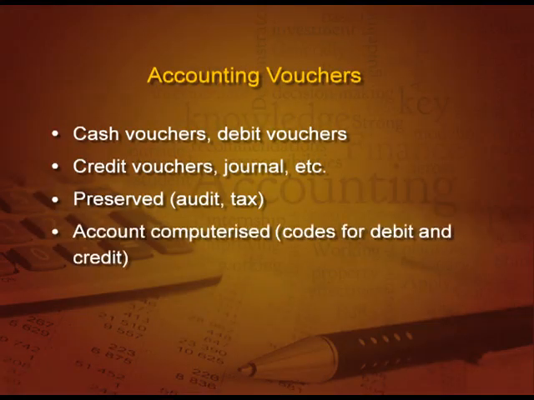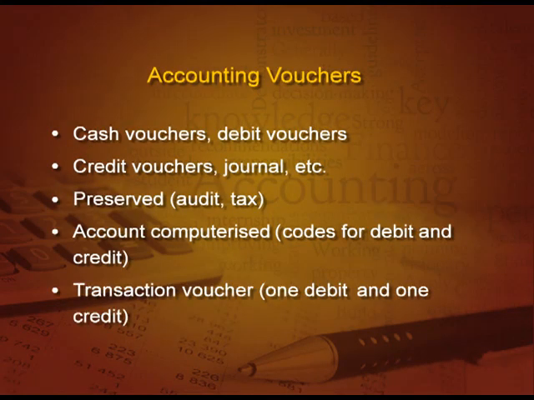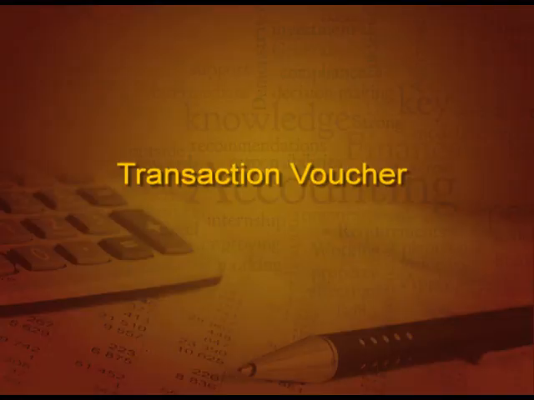As accounts are computerized these days, we allot codes for debit and credit. There are transaction vouchers which have one debit and one credit, and there can be other types of vouchers also. First, the transaction voucher.